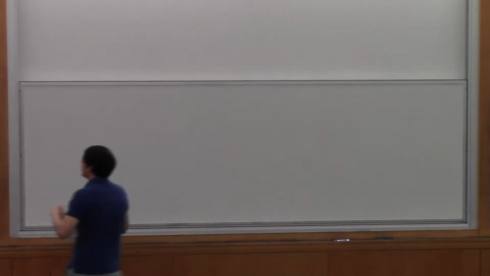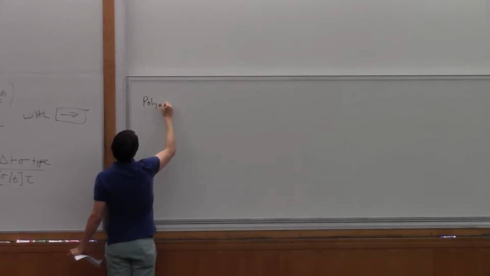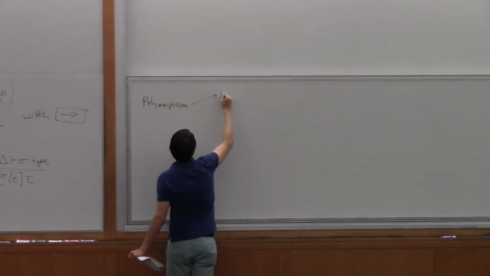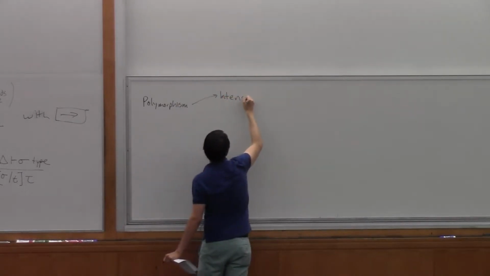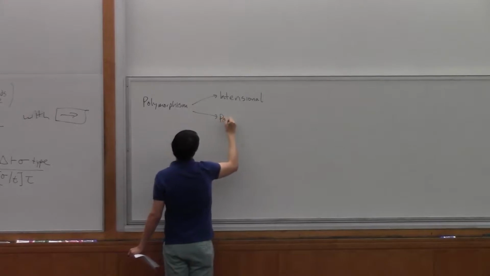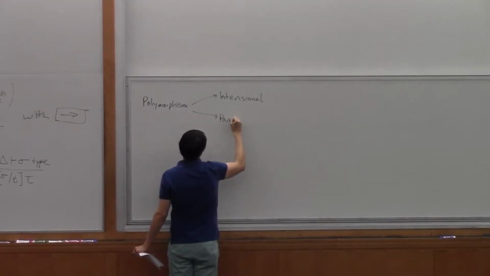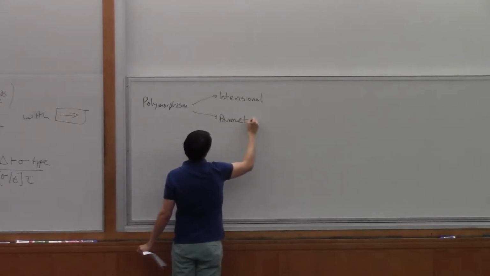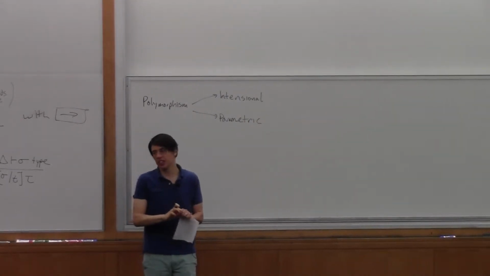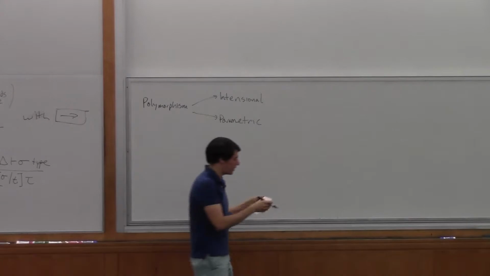So when people talk about polymorphism, that is functions that work at many types, there's kind of a divide between what I'll call intentional and parametric.